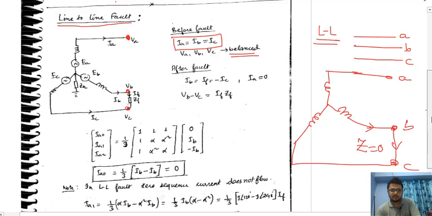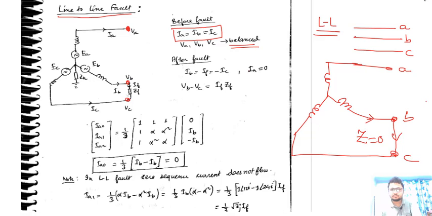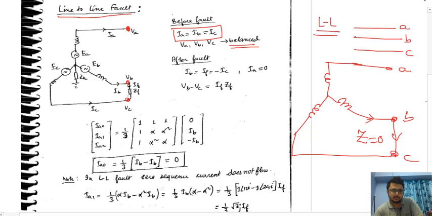Now a fault occurs between phase B and phase C. After the fault, the current is going to flow through this path.